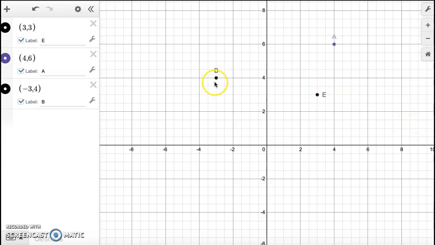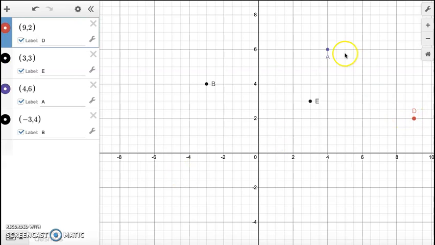So I'm going to count down 1, and then go over 1, 2, 3, 4, 5, and 6. I counted it that way because every other dash is a whole number. So -1 over 6. So I go down 1 over 1, 2, 3, 4, 5, and 6. That will be point D because we have A, B, C, and D.